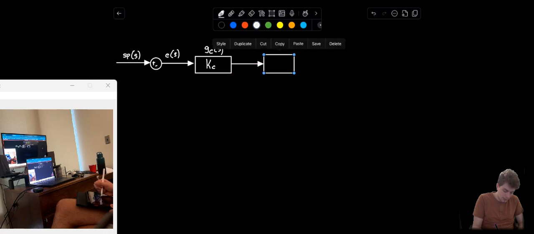We're given a proportional only controller. And so usually what we do is we write the control inside the block. So that's going to be KC. And then we have a process gain here that's going to go through next.